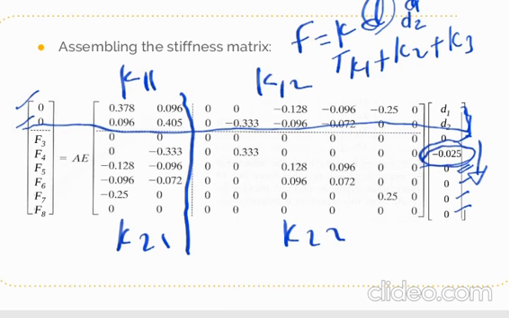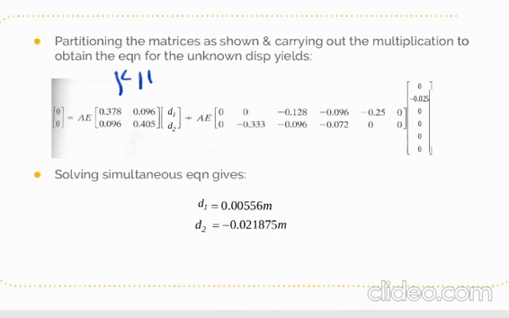So it will not be 0 like the previous example, because we have this value here. So plus AE, this is K12. How we can find it is easy.